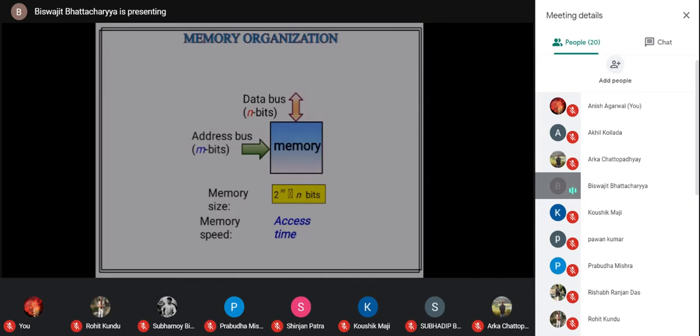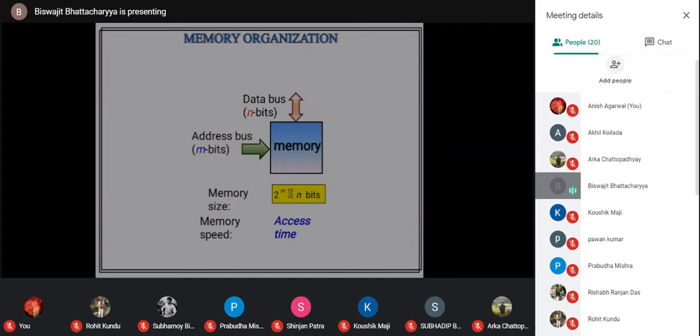So to specify any memory, first we have to specify its type, whether it is a read-only memory or a read-write memory or RAM. Then comes the length of the address bus. Then comes the length of the data bus. So these two things are specified by the size of the memory.